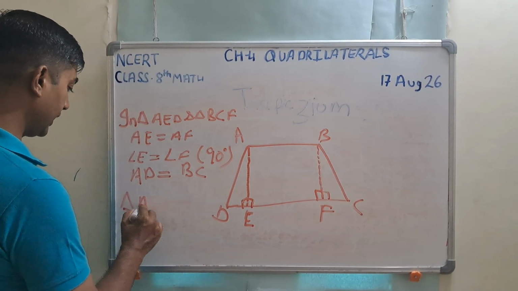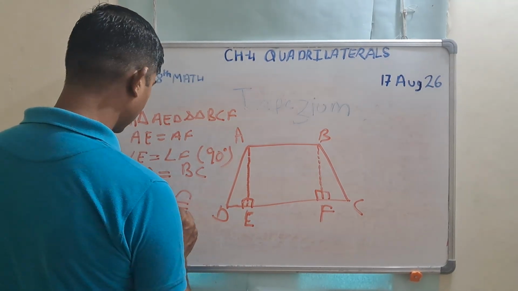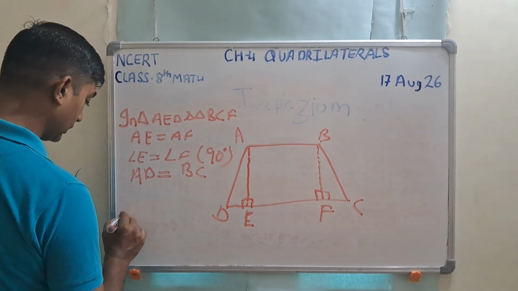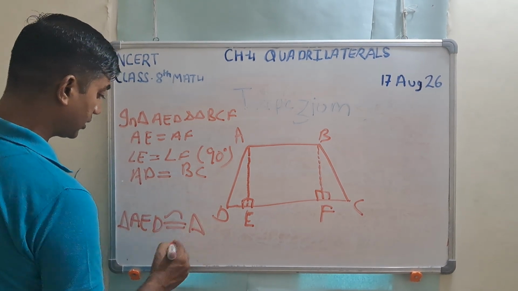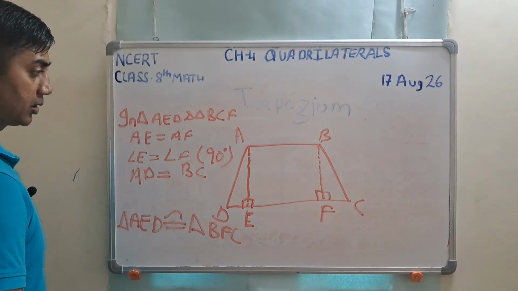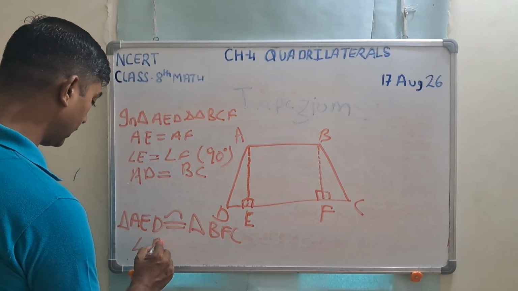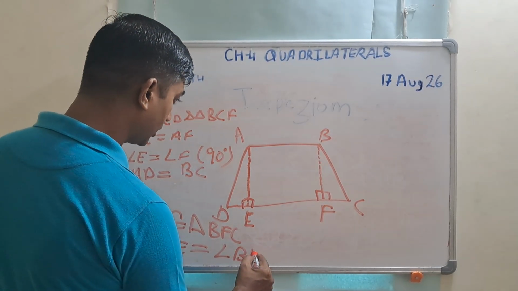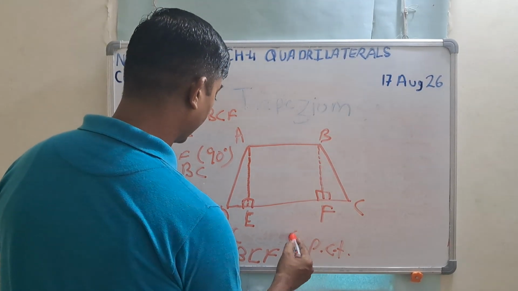Means triangle AED is congruent to triangle BFC, and by corresponding parts of congruent triangles, angle ADE is equal to angle BCF.